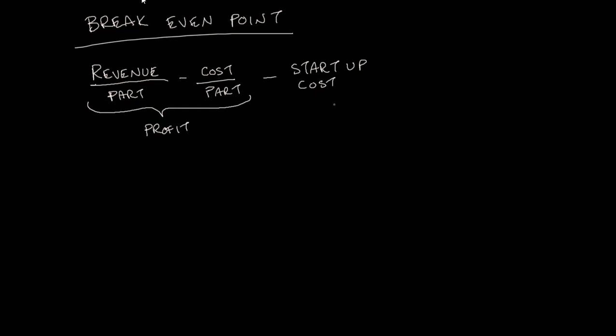So this all has to equal 0. But it's really not your revenue per part minus your cost per part. It's how many parts. We'll denote that as X, and maybe I'll make that in a different color too.